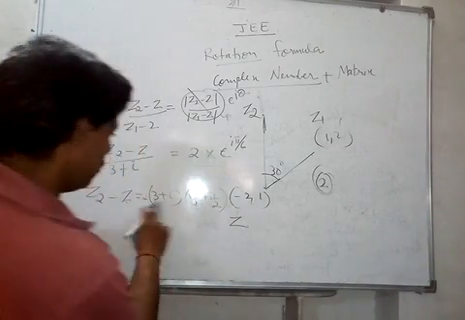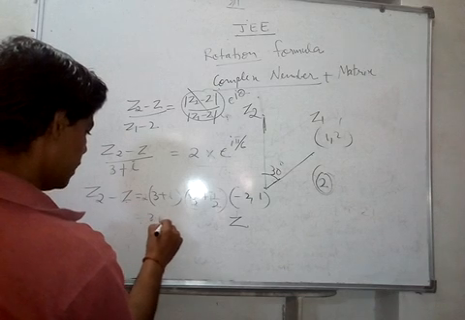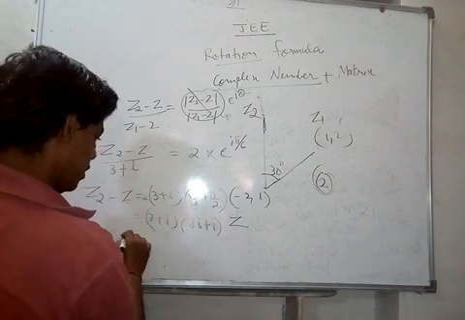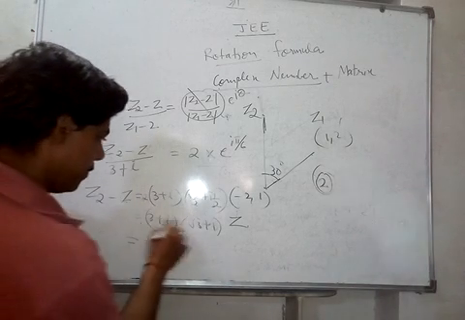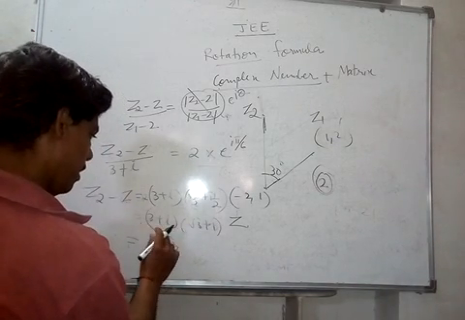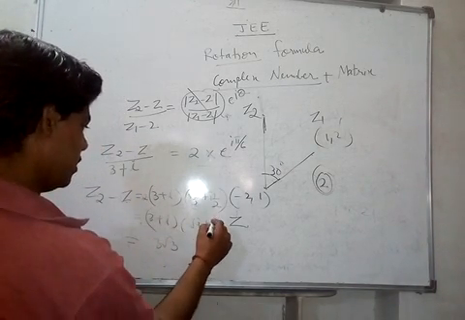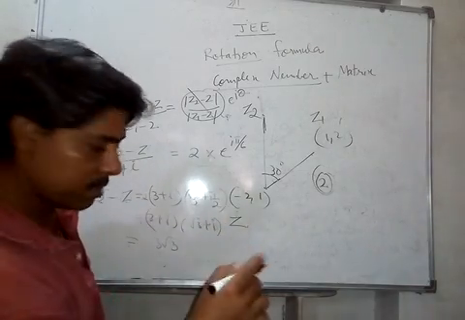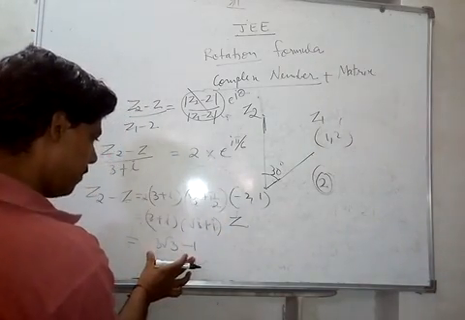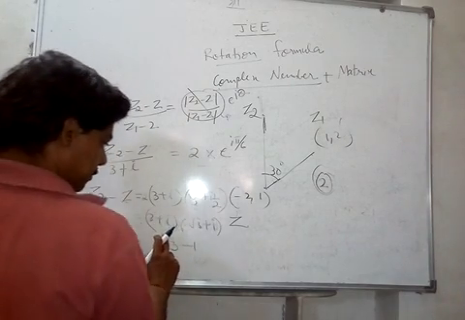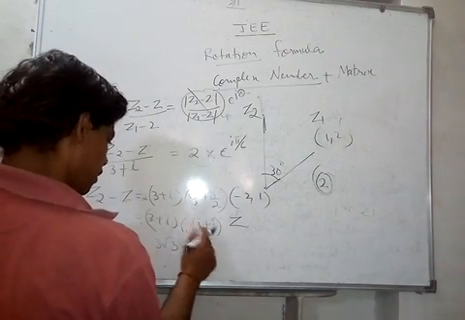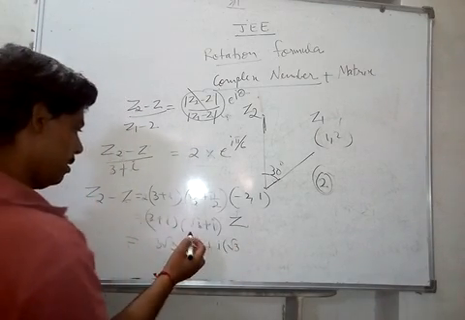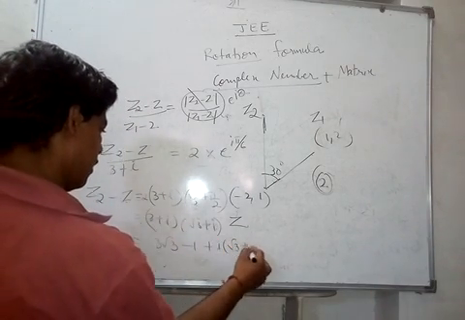We can multiply this 2 first here, so we will get 3 plus iota, and root 3 plus iota. So when you multiply this, what you will get? 3 root 3, okay, and iota squared is minus 1, I am writing the real part, and then iota into root 3, iota common root 3, and this iota into 3, so plus 3.